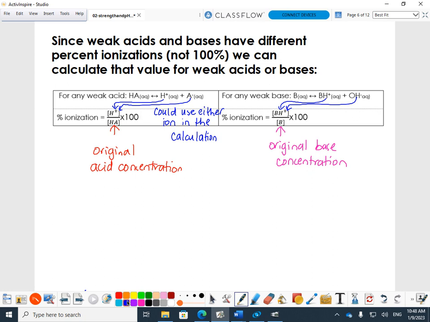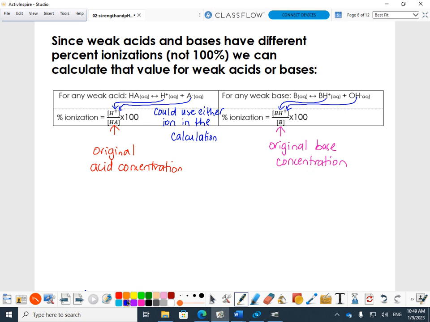Okay, so calculating the percent yield of a reaction, if you remember from grade 11, that was one of the easier calculations. So when you get down to doing this, you've done a lot more work beforehand. In our first example today, we're already given pH, so we can use that to do the percent ionization.